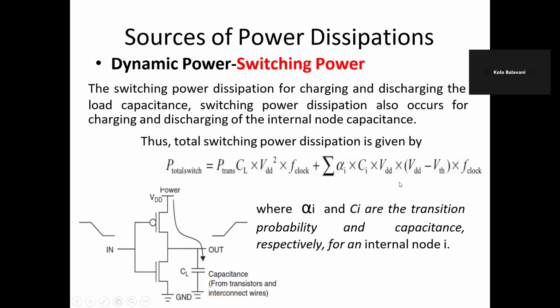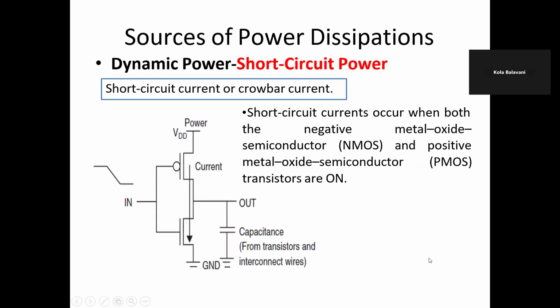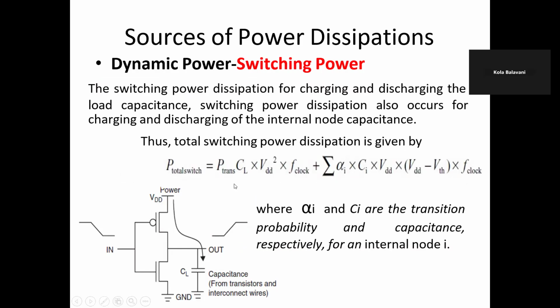Here alpha and Ci indicate the probability and capacitance of internal node i. So the total power is at the input side and output side of that circuit and also the internal nodes. So this is the switching power.